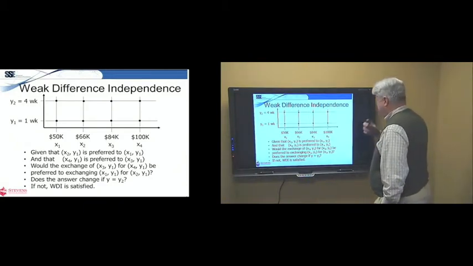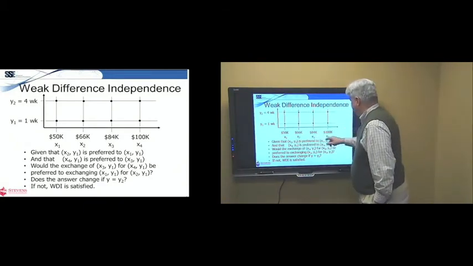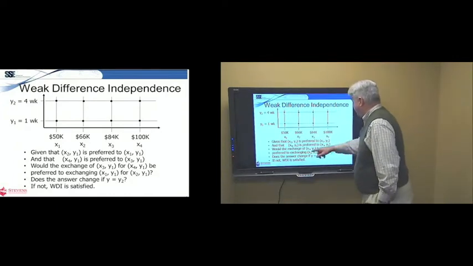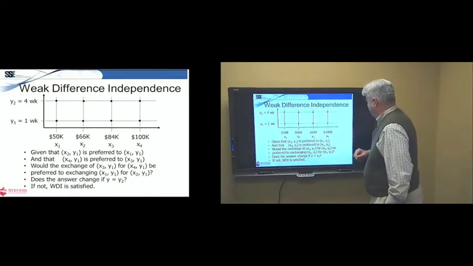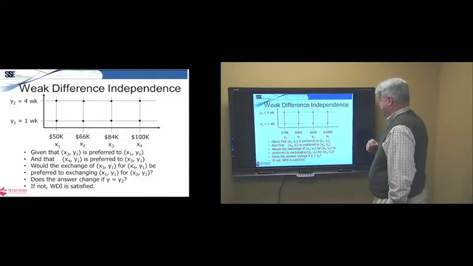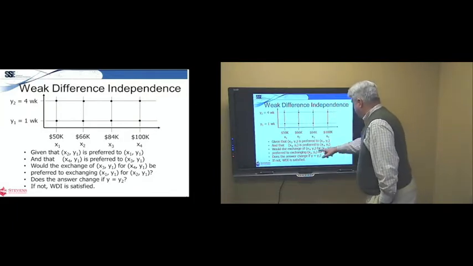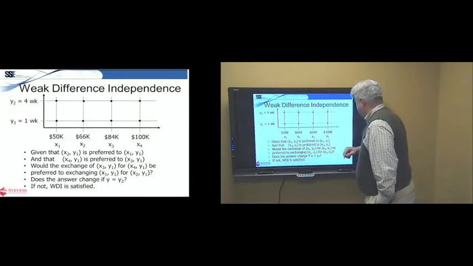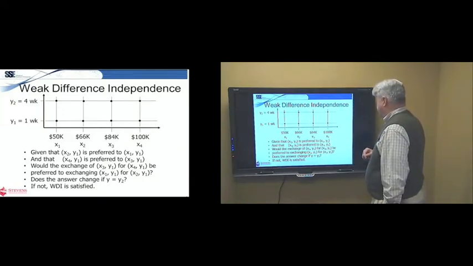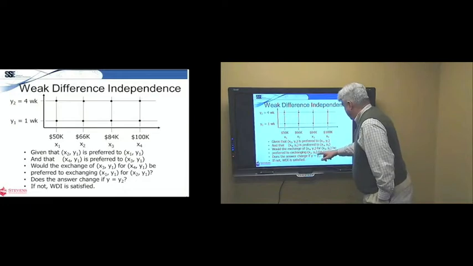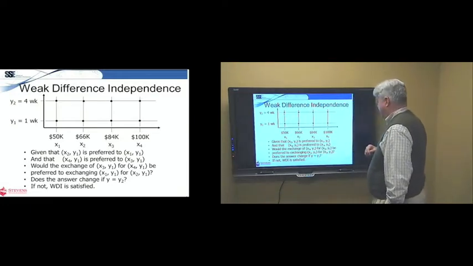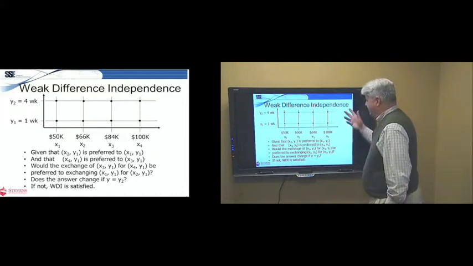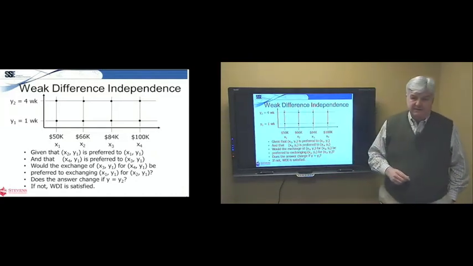So this gets a little more complicated, weak difference independence. But you can see if x1, y1 is preferred to x1, y1, and x4, y1 is preferred to x3, y1, which would be true. I mean, by definition, those things would be true. The question of the exchange of x3, y1 for x4, y2, is it preferred to exchanging x1, y1 for x2, y1? If the answer depends on y2, then weak difference independence is not satisfied.